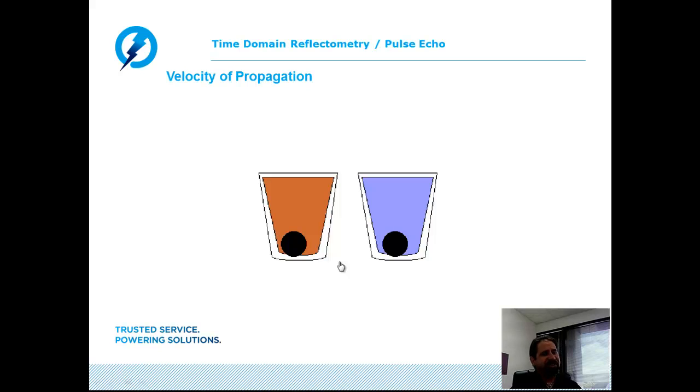Very similarly, let's say the jar containing the water is cross-linked polyethylene, and the jar containing honey is paper insulated, lead covered. The electrical signals are going to travel at different velocities over these different cable structures.